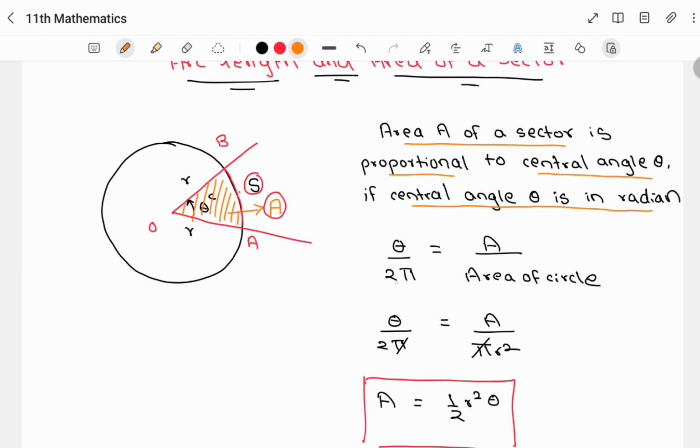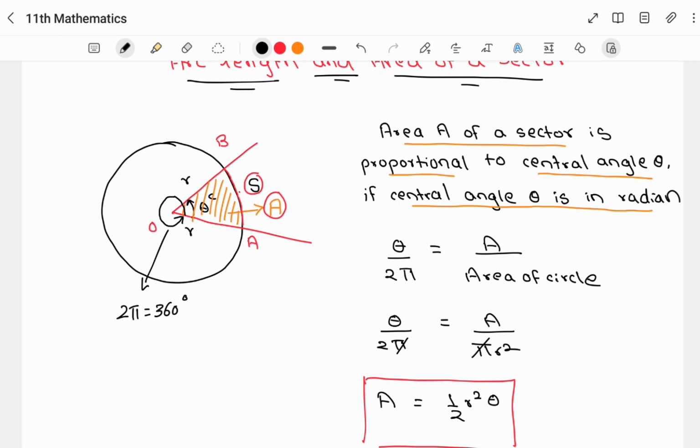See, we start from here and we reach here again. This is the complete rotation where the total area of the circle is available, and this angle is the total angle, which is 2 pi radians, equal to 360 degrees. So we have theta upon 2 pi is equal to A upon area of circle.